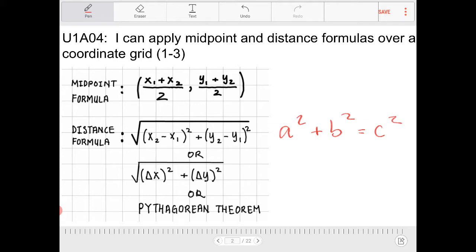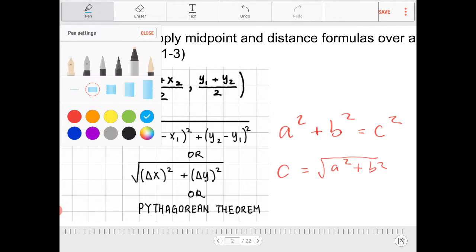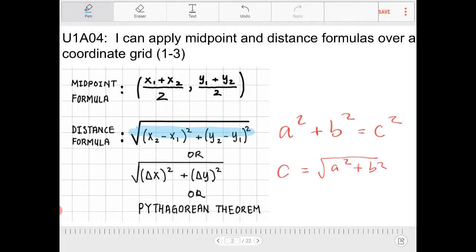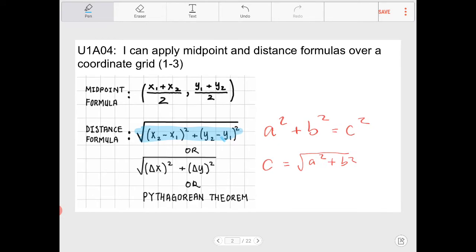However, the quote-unquote distance that we're trying to look for here is the hypotenuse. So c is equal to the square root of a squared plus b squared, where a is the horizontal change and b is the vertical change. So that is the way to remember it, rather than having to remember that the distance formula is actually this long-looking thing. All right, so let's take a look at some examples.